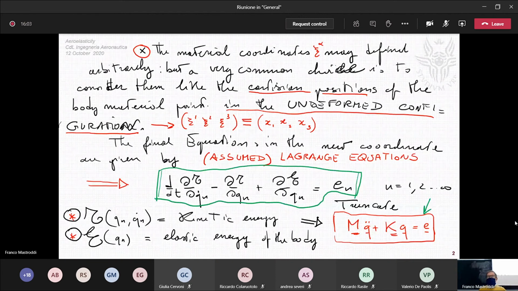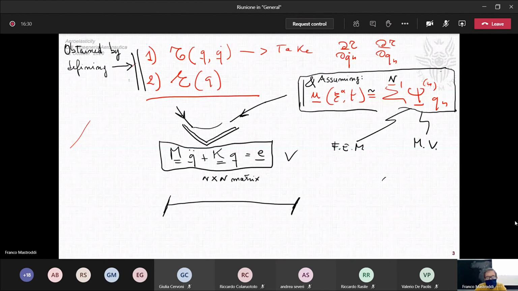Okay? And we can apply this equation as a stationarity condition for the total energy. And corresponding to the stationarity condition for the total energy, you will find the solution of your problem. Okay? By imposing the stationarity. And this is the new approach I want to propose to you to find the same equation. So this is my plan.